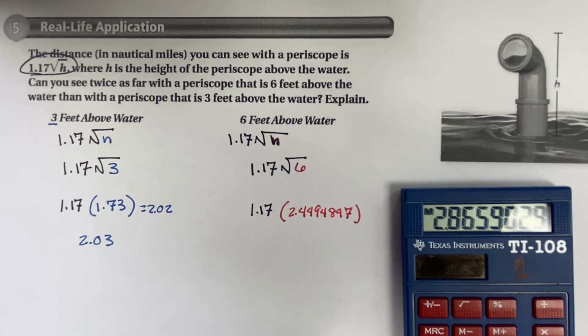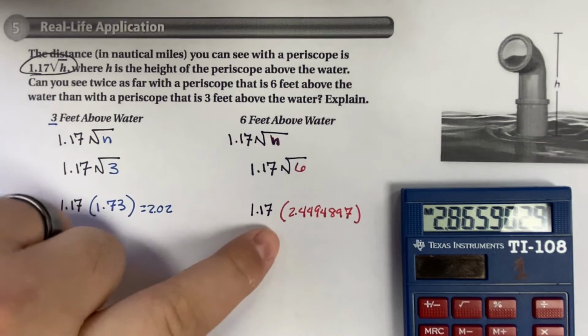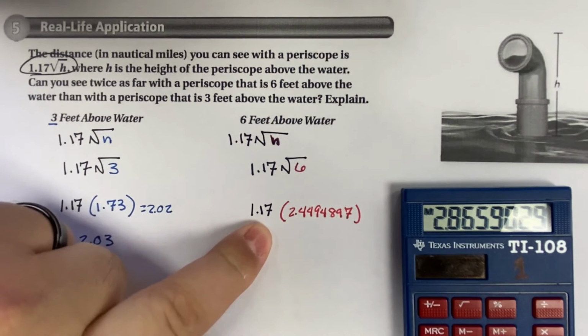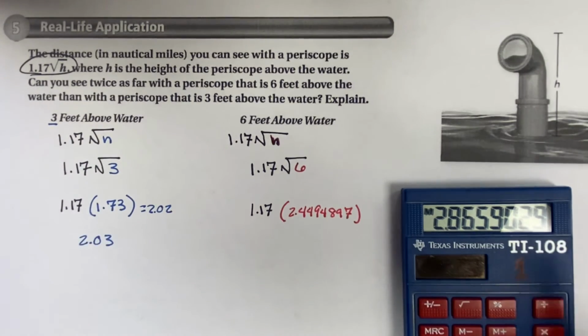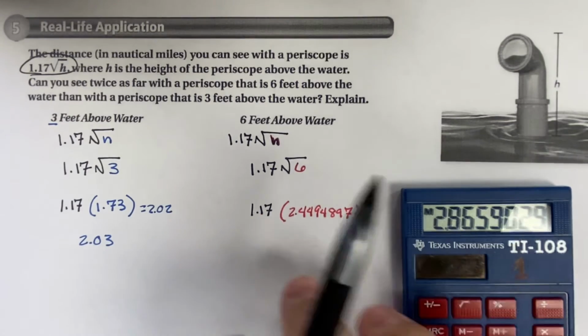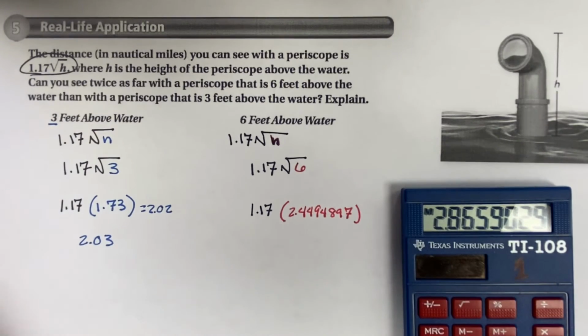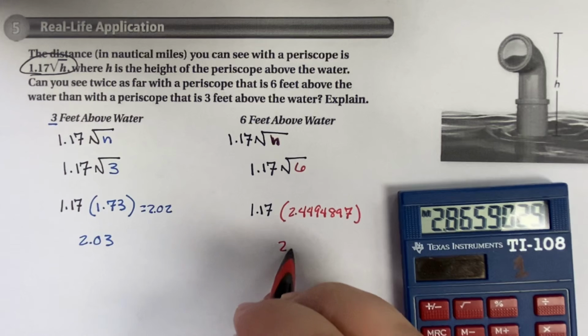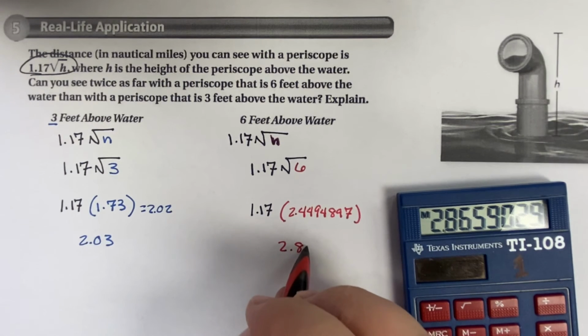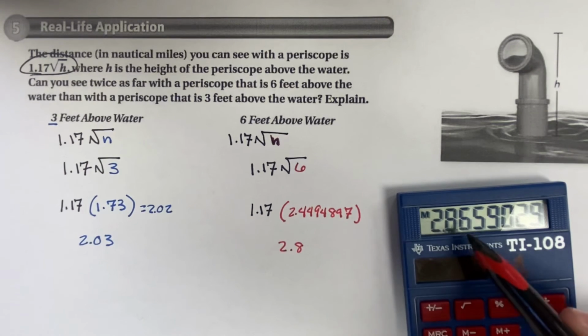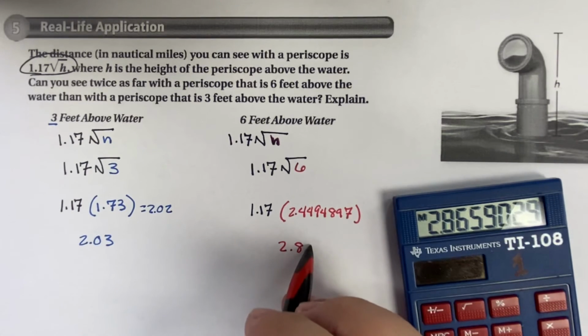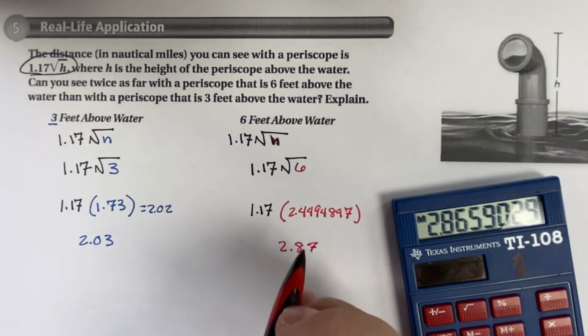The nice thing on a calculator is that by writing that down, I didn't have to think of it, and I just have to hit multiply. I don't have to type this whole number in. Now, when I get this, it is 2.865. I want 2 decimals, so this is where I would round to 2.87.